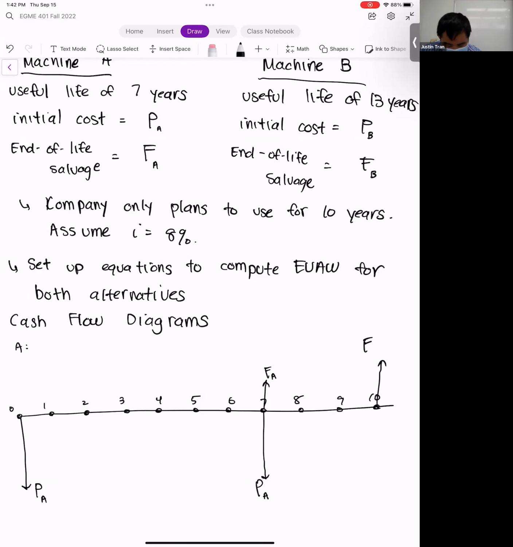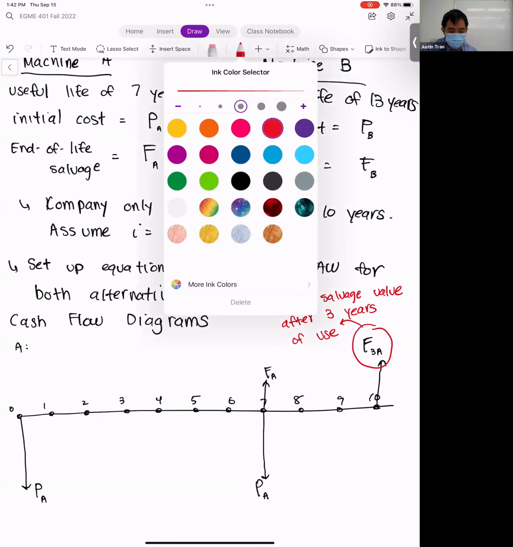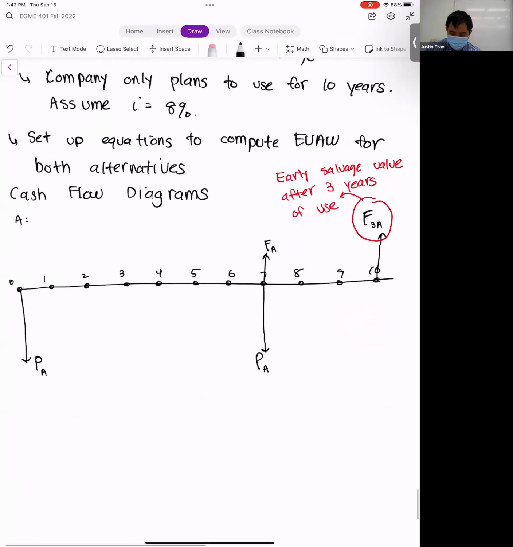And so this is not going to be F sub A, but we're going to create a new variable, which I call F3A, where this F3A is the early salvage value after 3 years of use. Okay, which we don't know yet, but we can set up the equation regardless.